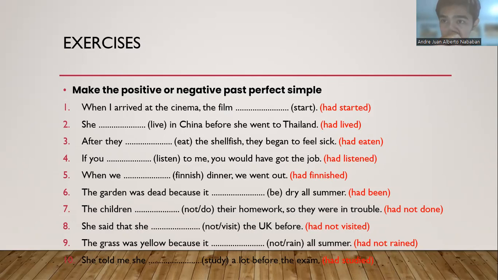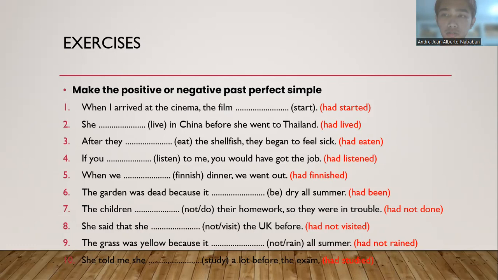And the last, it might be the last exercise we are going to do today. The tenth sentence is, she told me she blah blah blah study a lot before the exam.